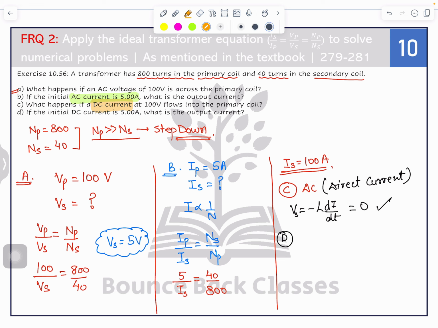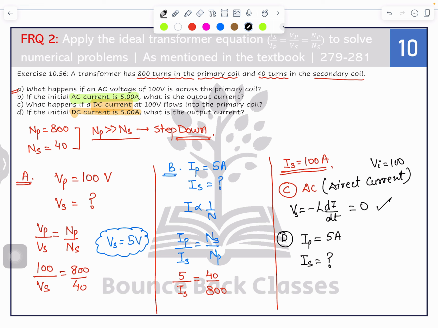Okay, the D part. If the initial DC current, again DC current, in the previous one V input is given. V input is 100. This time, I primary is equal to 5 ampere. What is the output current?